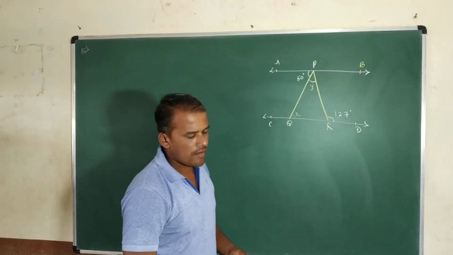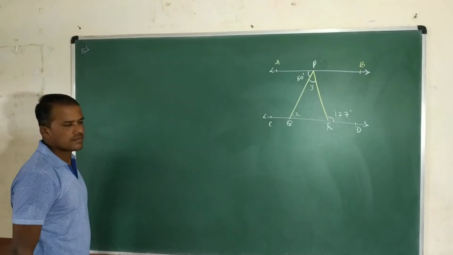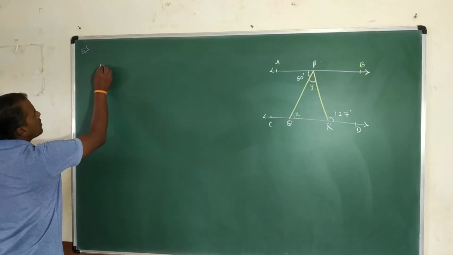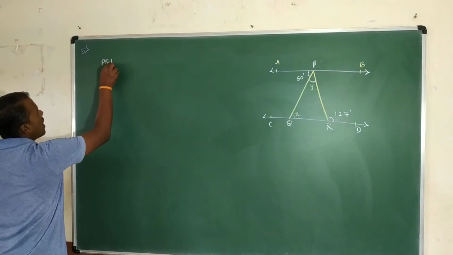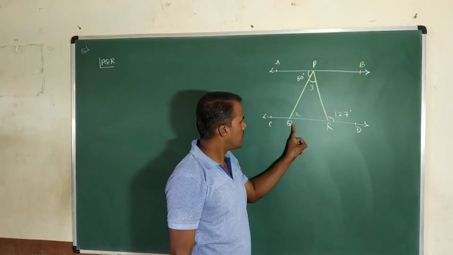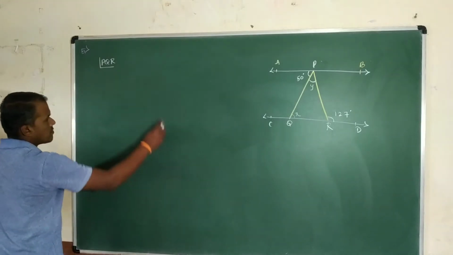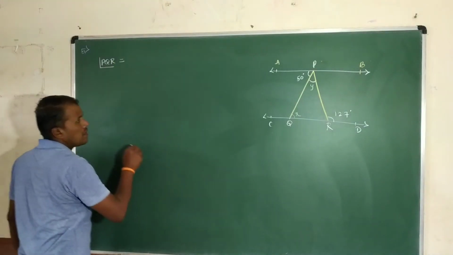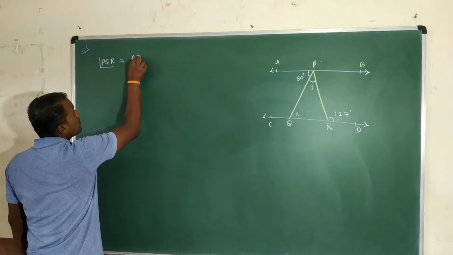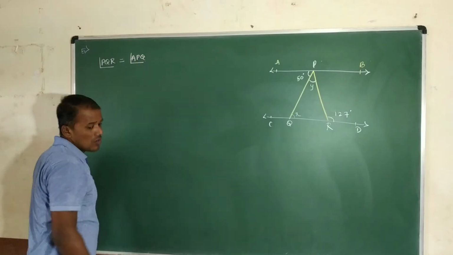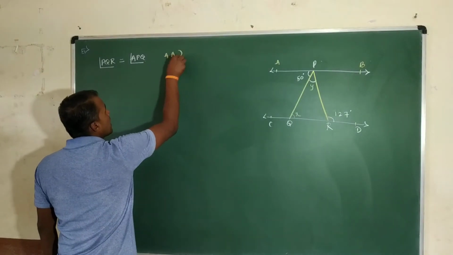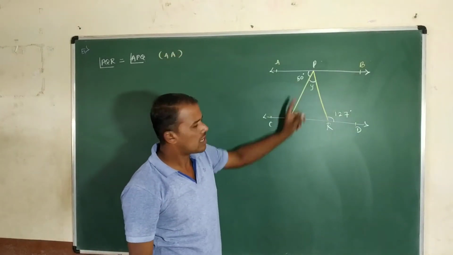First, it is easy to find X. See here how to find X. Angle PQR is equal to angle APQ, because these two are alternate angles.